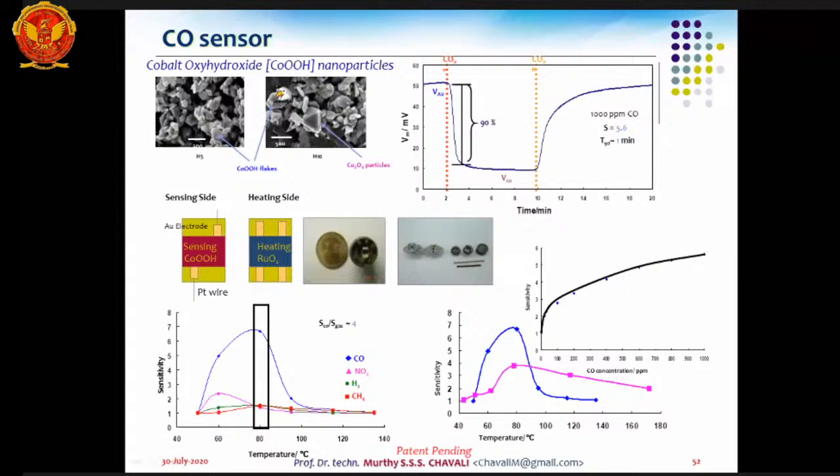So finally, we ended up developing a material, cobalt oxyhydroxide, adding an additional oxygen atom into cobalt hydroxide, so that this particular sensor is going to be working at room temperature. Finally, we were able to do the sensing studies, and the present cobalt oxyhydroxide sensor works at 100 ppb levels at room temperature, and it is completely versatile without any interactions or interferences from other gases, as we have shown here.